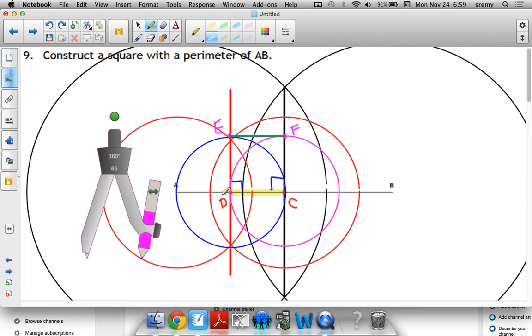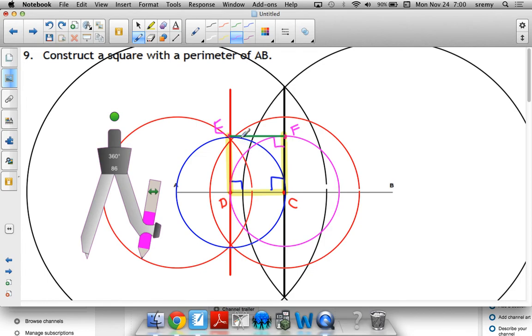The yellow was 1/4. We copied this length there, and we copied it there. We already had those perpendiculars. And these points E and F are the same height, same distance from D. E is the same distance from D as F is from C. So they're the same height.